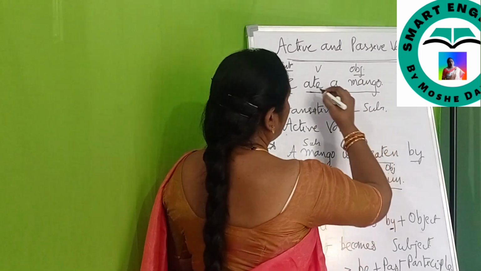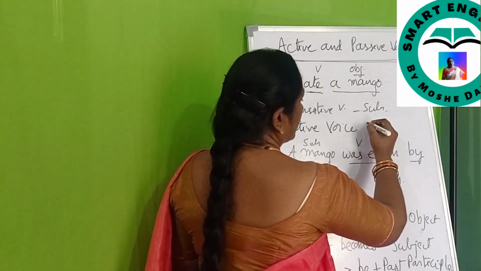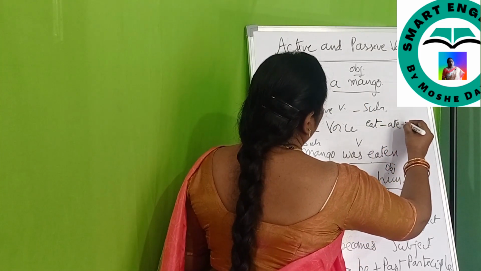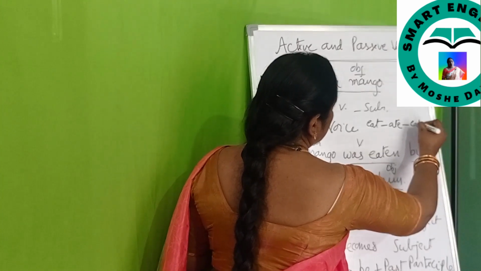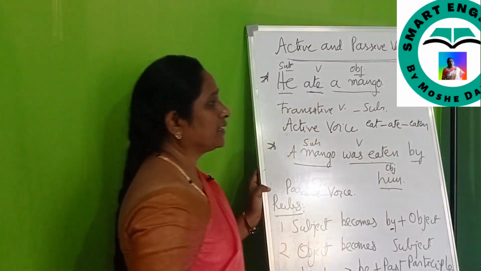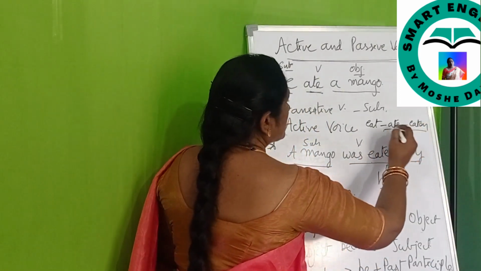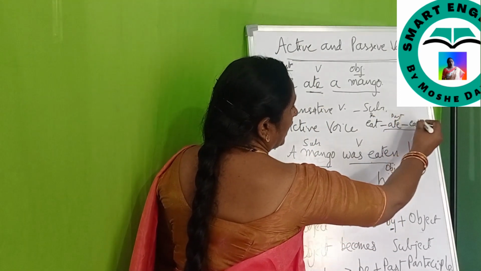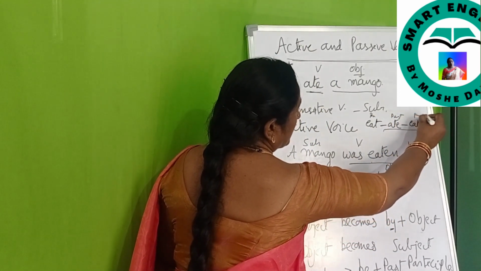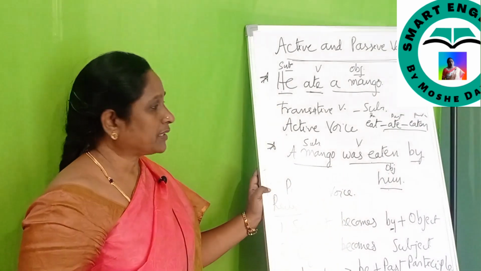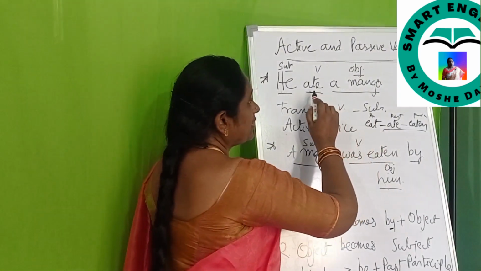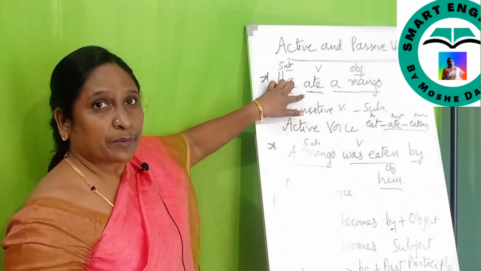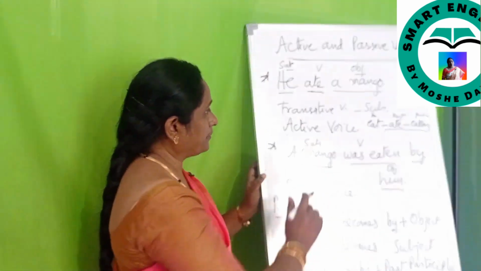Now let me write here. What are these things? Eat, ate, and another one is eaten, right? So this is present tense, this is past tense, and this is past participle. Here in the given sentence, the verb is in past tense.